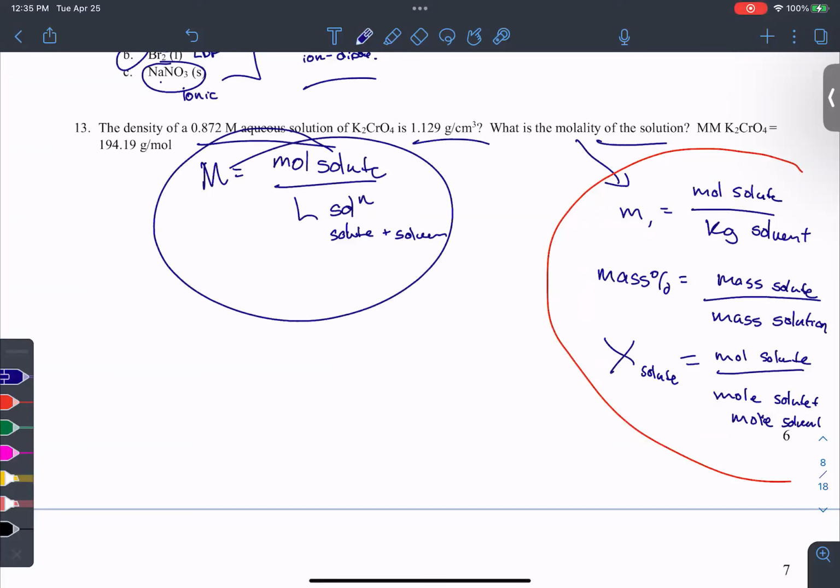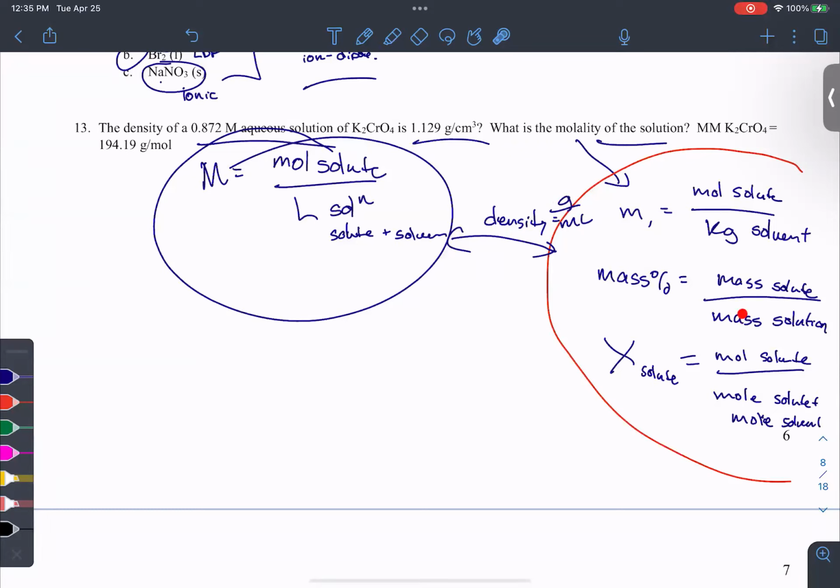Where things are different is molarity. Molarity lives on its own island, where if you want to go from molarity to any of these, you need density, and density is grams per milliliter, right? Because if I know the liter amount of solution, that's the volume amount, but if I know the density, I can get the gram amount of solution. And isn't the gram amount of solution in the mass percent?